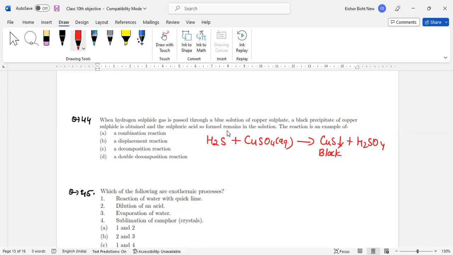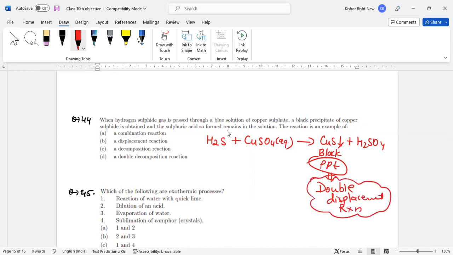The reaction is an example. Look, here a precipitate is formed. So simply, whenever a precipitate is formed, it is a double displacement reaction. Please remember, double displacement reaction example also. Double displacement is too important. The options are double displacement, double decomposition, or combination reaction.